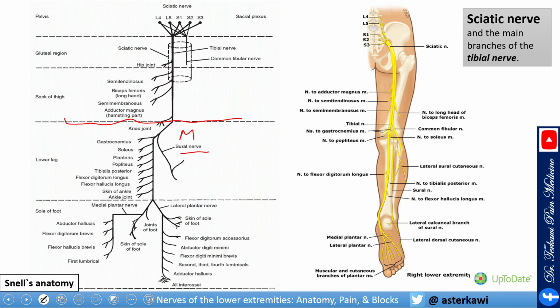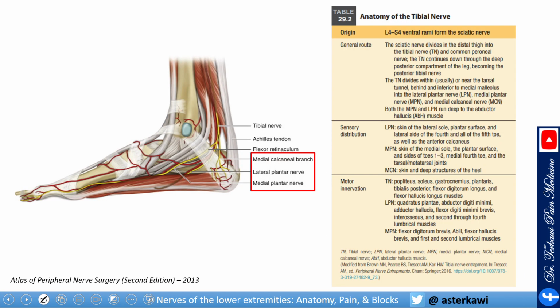We'll cover that in the next lecture. And then here you have a bunch of muscular branches. Here are branches for the skin and the joint of the ankle. And then here at the tarsal tunnel level, it starts to bifurcate, which we'll go over in a minute.